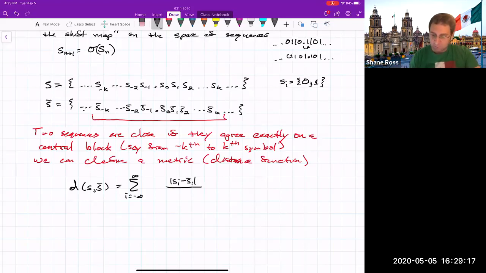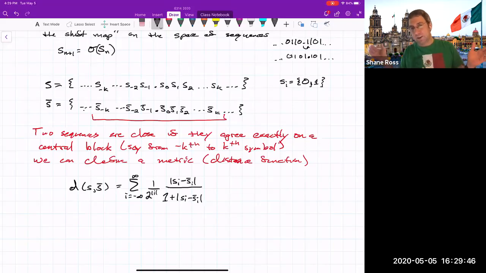We don't want this thing to blow up, so we'll add something here. We want to put more weight on things closer to the central block, so we put a scaling of 1/2 raised to the ith power, which means if things agree far away from 0, far away from the central block, it doesn't matter as much as if they agree close to the central block.